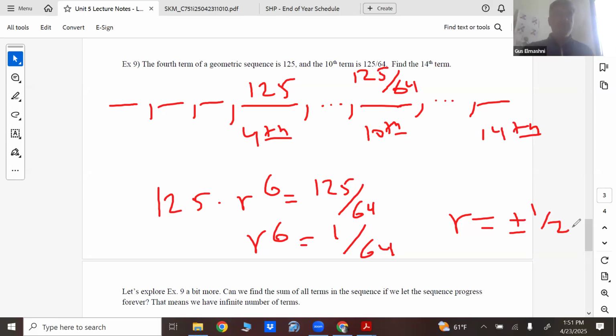But if I ask for the 13th term, I could trick you that way. Why? Because I want to. So anyway, be mindful about that. We know in this case that it's going to be positive, right, because it's the even term. So if I work it out, there'll be 125. And I have to multiply 1/2 to what power?